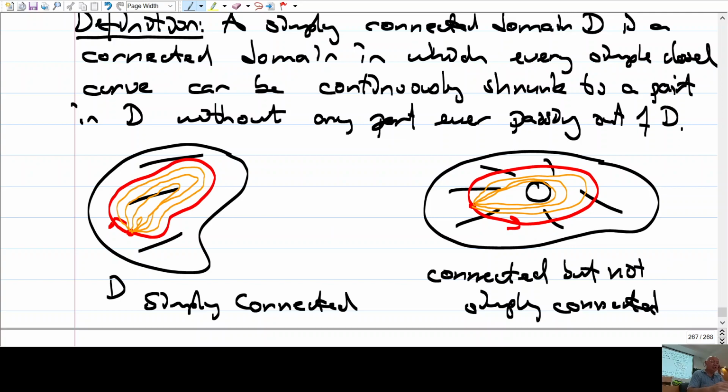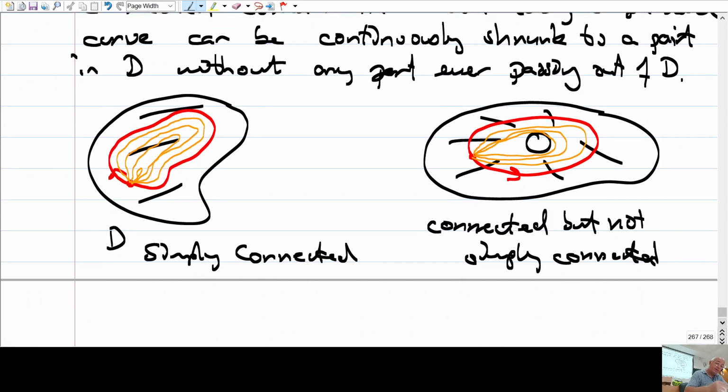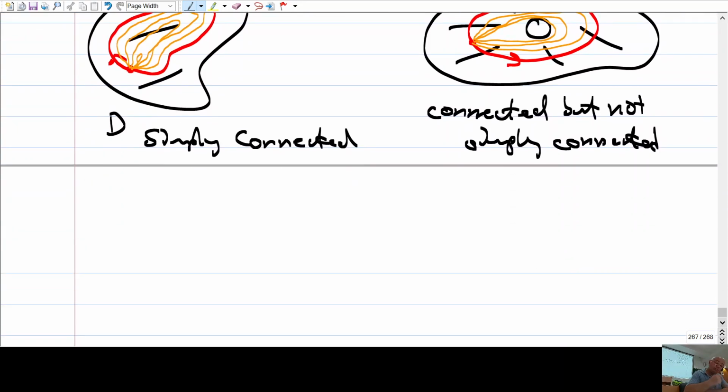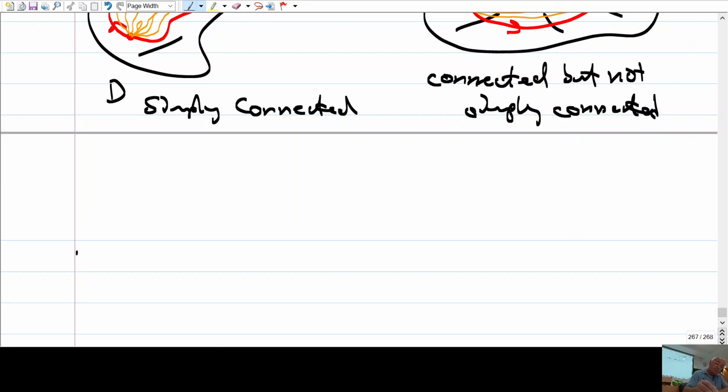This definition doesn't reflect why we choose the word simply connected to define this concept. It is hidden in the following. So let me explain that. Let me write a remark.